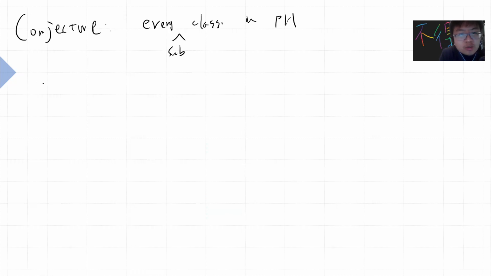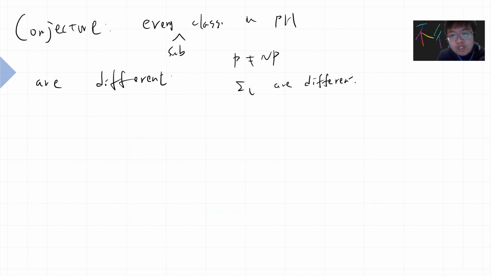Conjecture: every subclass in PH is different. That means P is not the same as NP, and all the sigma i are different.